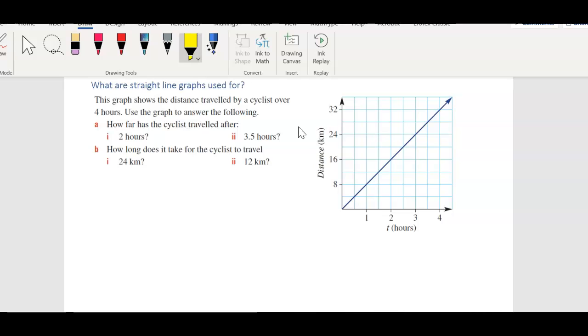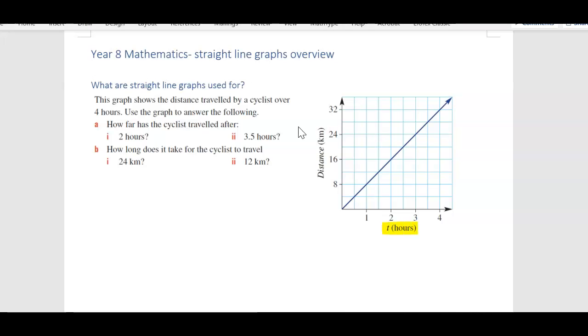On this horizontal axis, it's labeled as t. Usually we use x and y until we have a context. A context is when we're applying it to some real life situation. So instead of being x, in this case, it's t, for time, and it's measured in hours. You can see we've got 1 hour, 2 hours, 3 hours, and 4 hours.